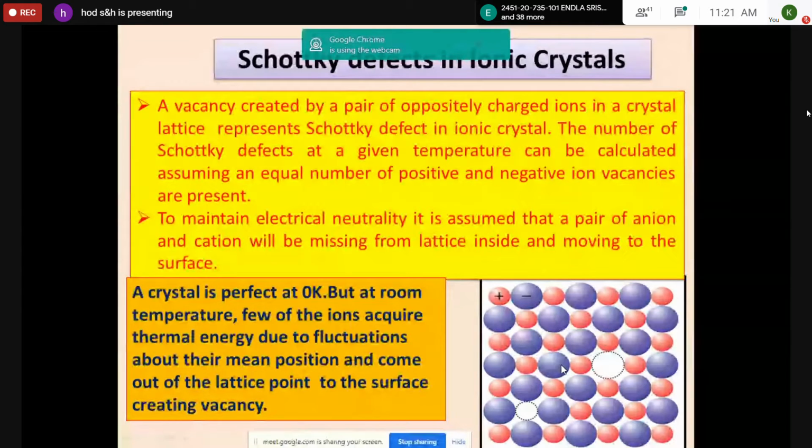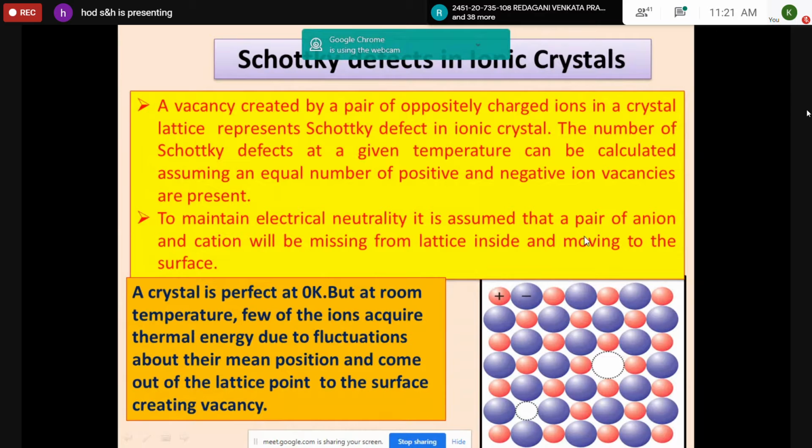In this way, a vacancy is created. It's not only one side. It is assumed that a pair of cation and anion will be missing from the lattice inside and move to the surface. These vacancies created by a positive charge and a negative charge, a pair of ions, are called a Schottky defect in ionic crystals.